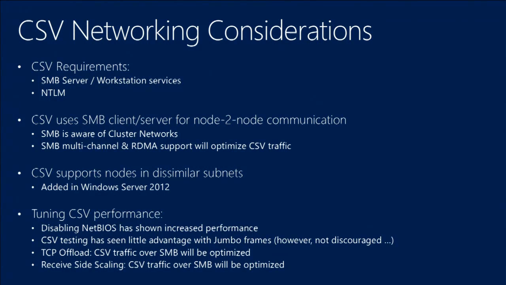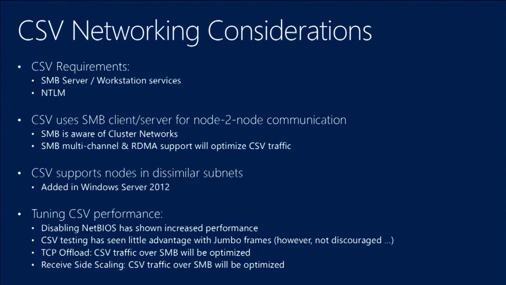NTLM v2 is fine. SMB multi-channel has the advantages for RDMA as well as NIC teaming, and all those benefits are applicable, and they just work seamlessly for cluster shared volume traffic.